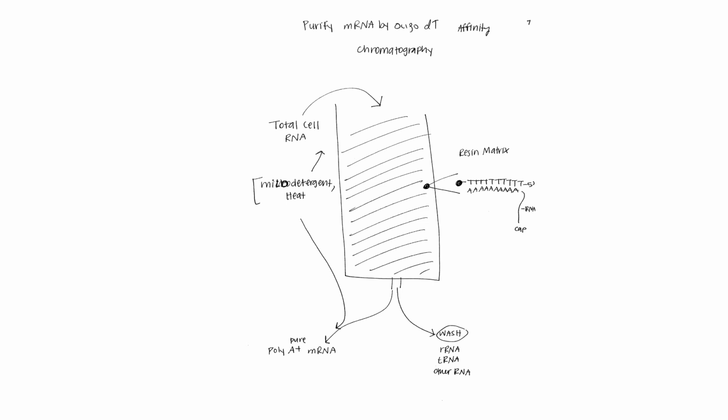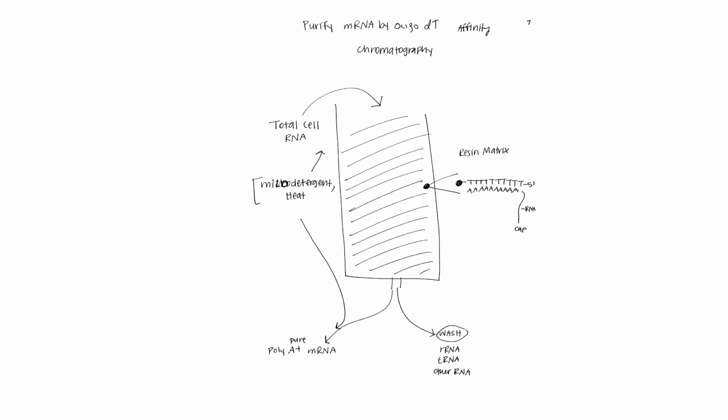And the notion is that the poly-A tail will base pair to the T's. So you take total RNA, total cell RNA. The goal is to purify messenger RNA. You take total cell RNA, put it onto the column, and let it run through. And you wash that column with saline buffer.